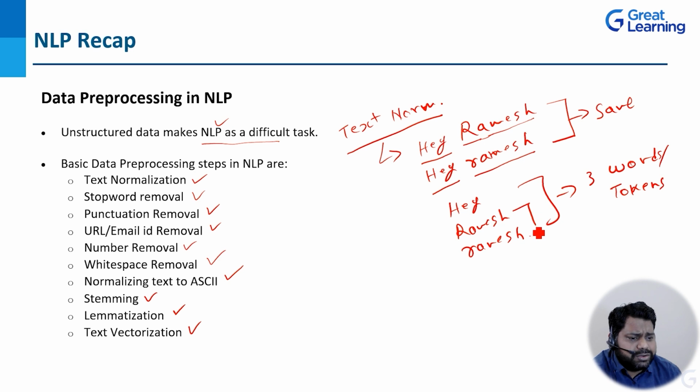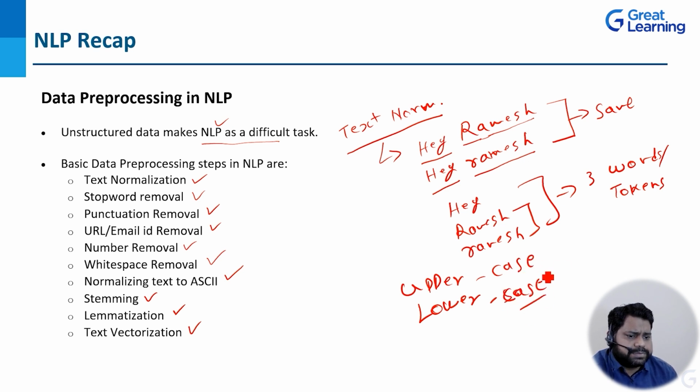So we need to use a technique to normalize them. So how can we normalize? Since it's textual data, we can either convert to uppercase or to lowercase. So by changing it to lowercase or uppercase, we can achieve our goal.